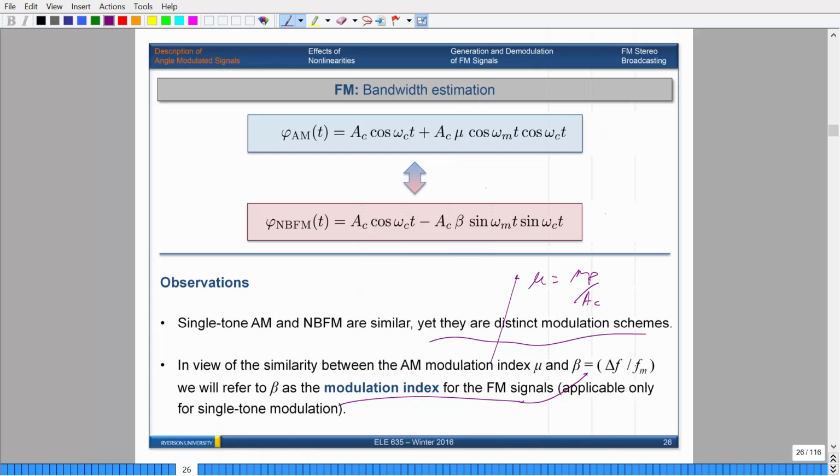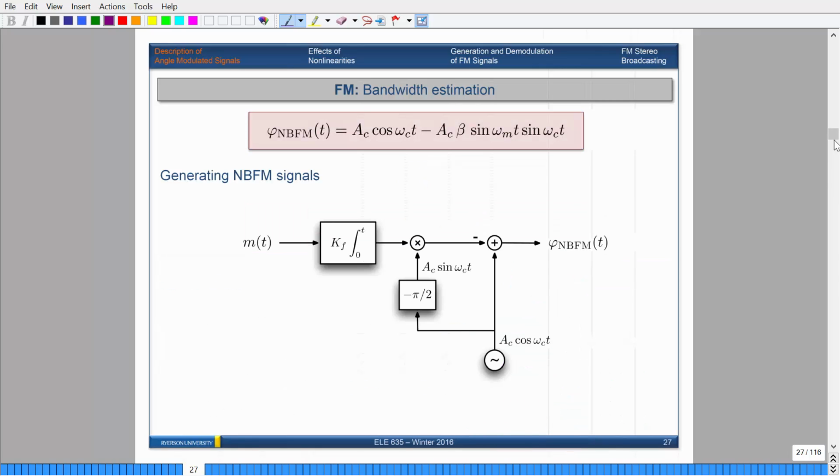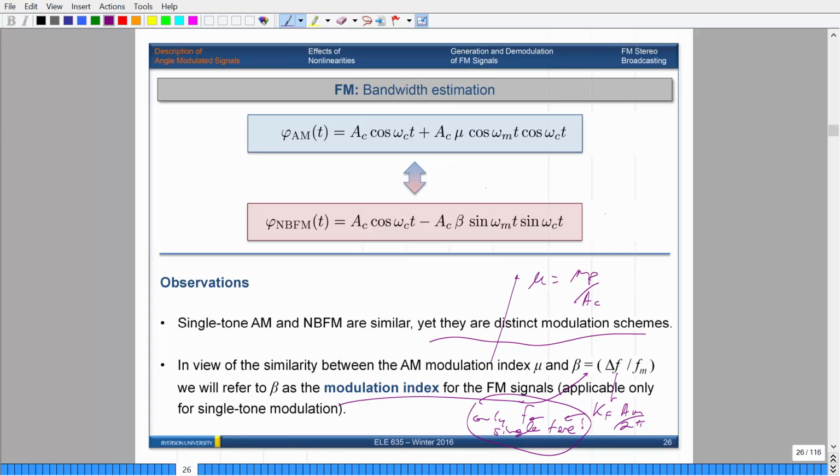It's just the frequency deviation, in this case k_f A_m over 2 pi. And remember, this is only for single tone modulation. These constants talk about the maximum deviation or the quality of your signal with respect to their respective domains, and that's about it.